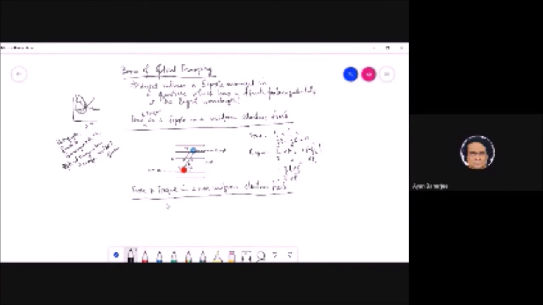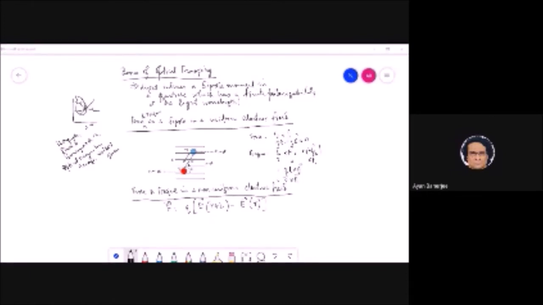Why this is non-zero is quite simple. If I write down the expression for force, that is nothing but Q times E at R plus L minus E at R. If I break this out in terms of X, Y, and Z, it becomes easier.